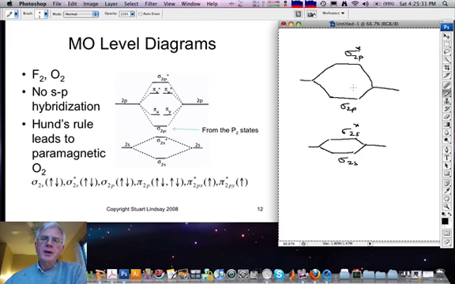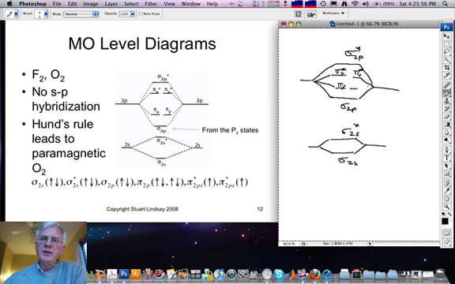These have the largest split because of the strong interactions between the orbitals when they interact end to end. The side-to-side interactions that come from the px and py states give a smaller split between the antibonding and the bonding states, which I'm showing schematically here.